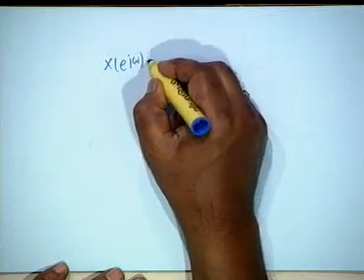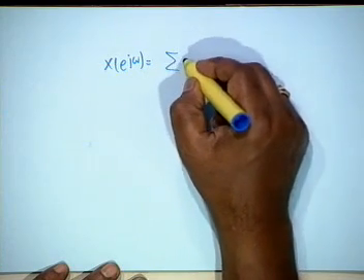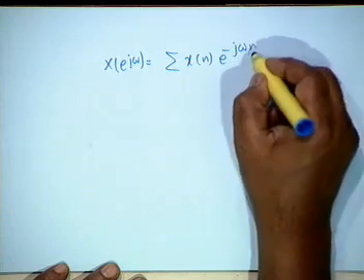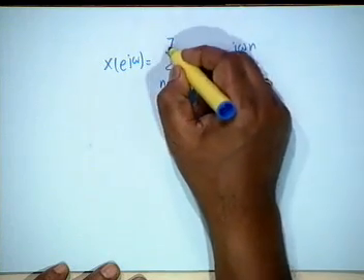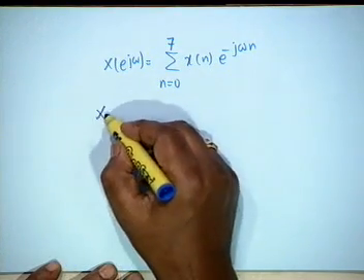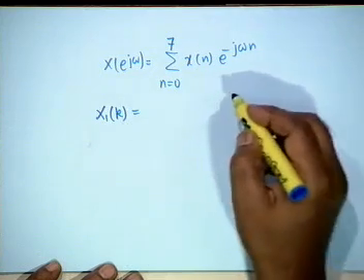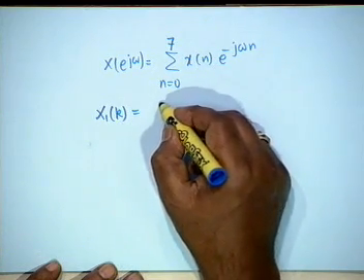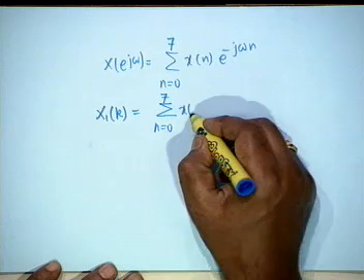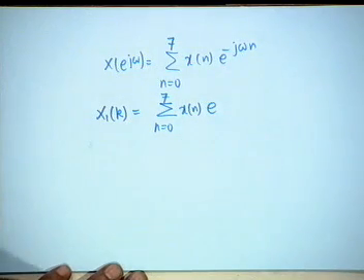We start from x of e to the j omega, that is equal to summation x of n e to the minus j omega n, n equal to 0 to 7. 8 points are given, n equal to 0 to 7. And x1 of k is equal to summation n equal to 0 to 7 x of n e to the, omega is taken as 2 pi k by 10.